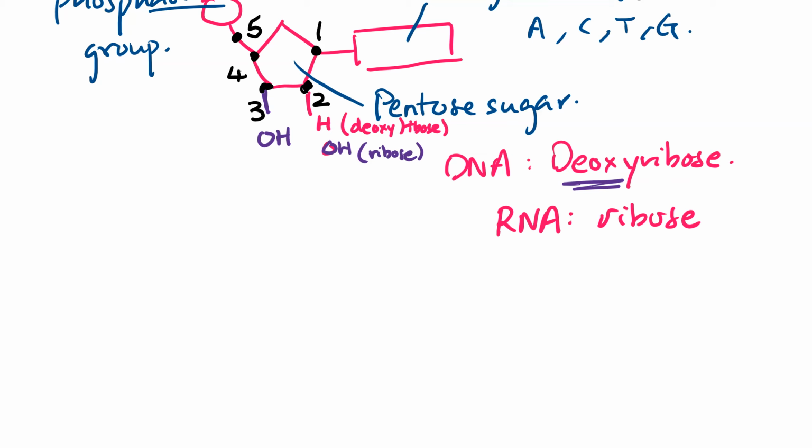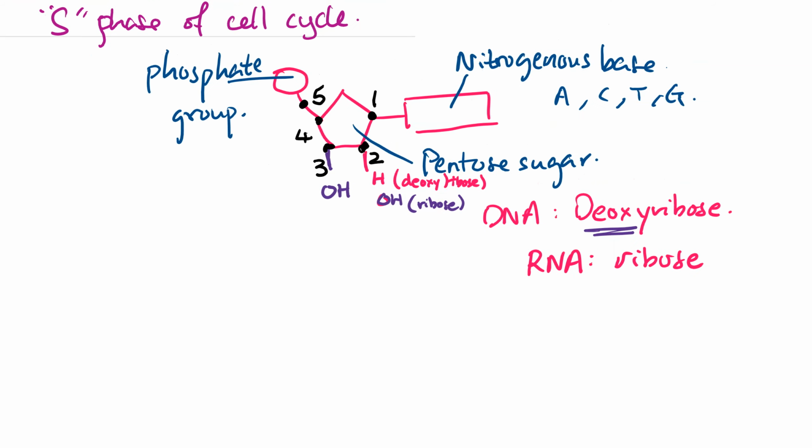Okay. So both DNA and RNA have an OH at carbon 3. So what it means is that whenever the DNA polymerase or RNA polymerase is adding a new nucleotide, it will always add to the carbon 3 location.